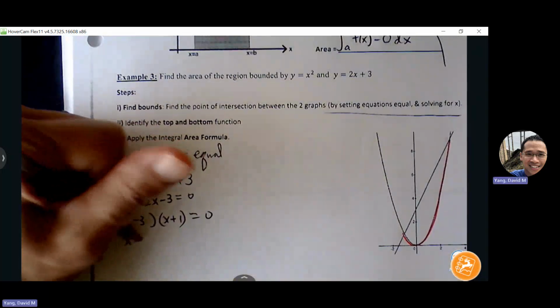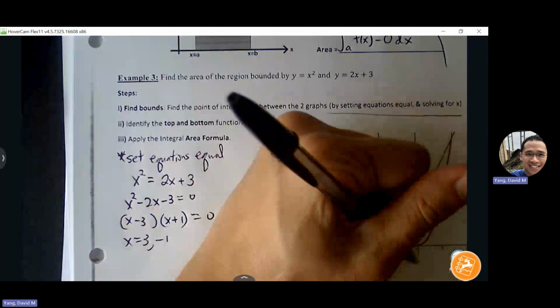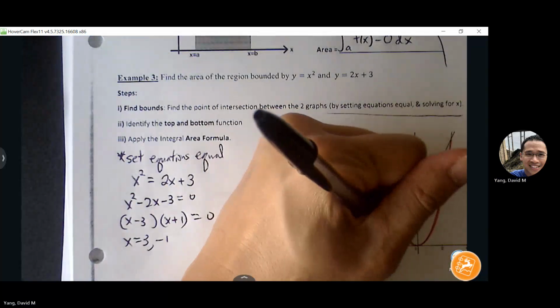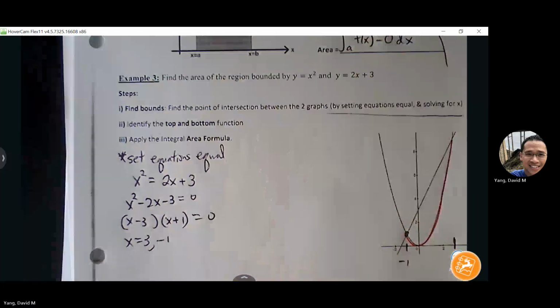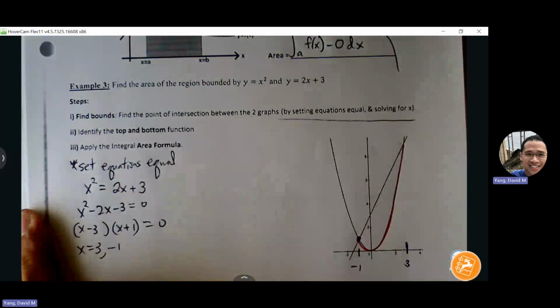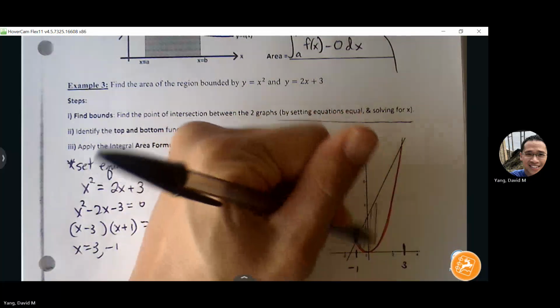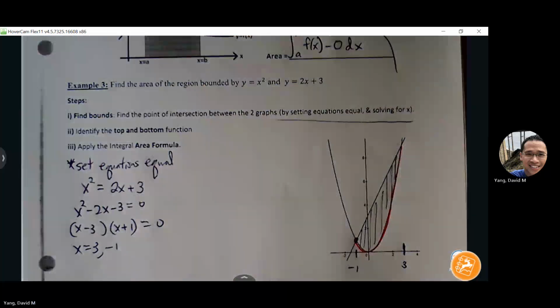We solve for x, we get 3 and -1. So we have the bounds of our shaded region from -1 to 3.